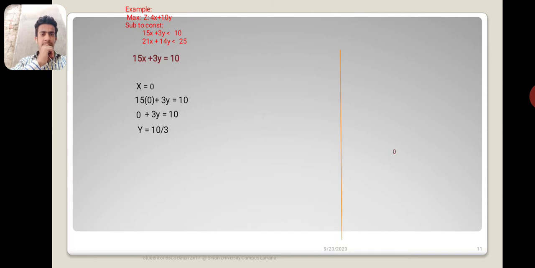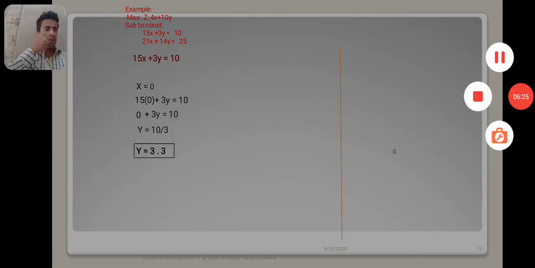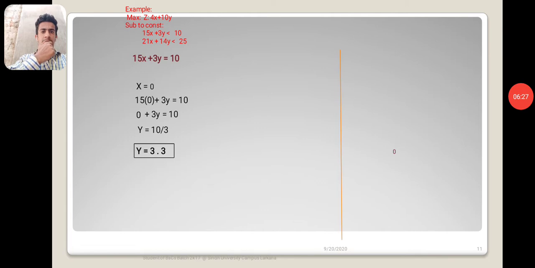Y is equal to 10 over 3. Y is equal to 3.3.